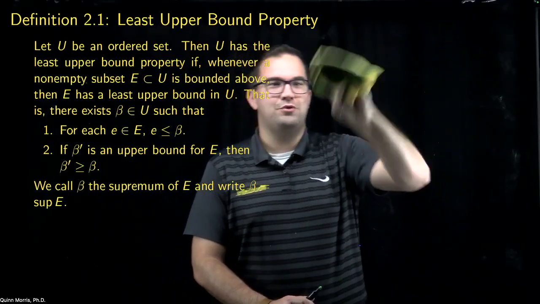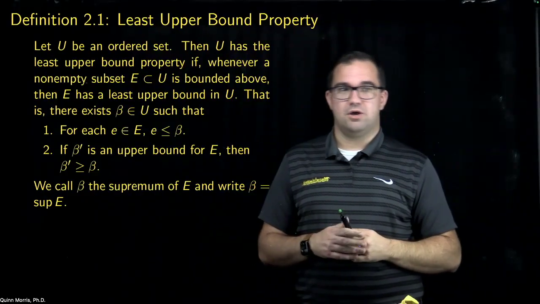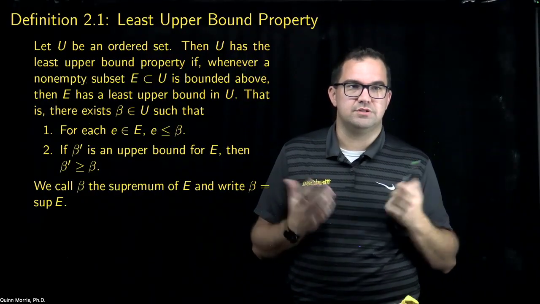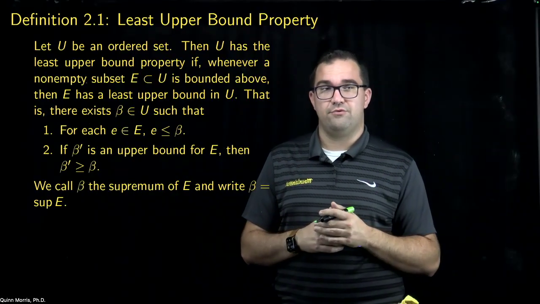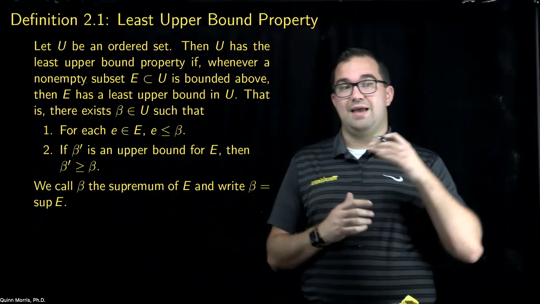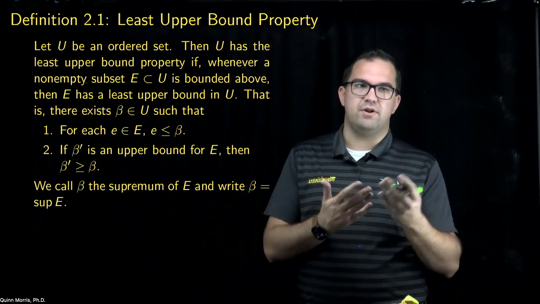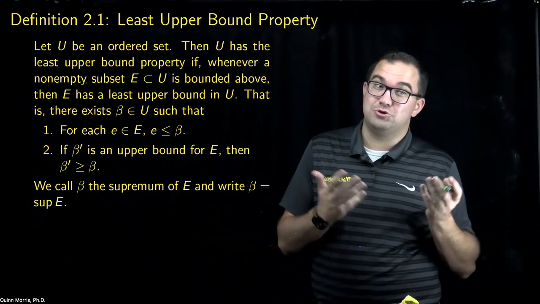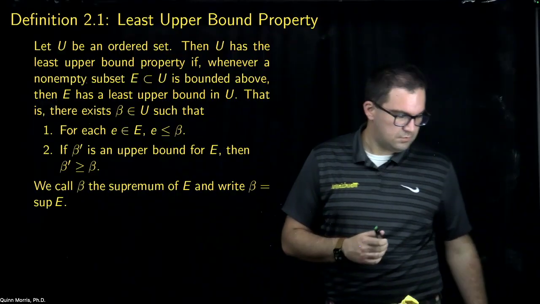Of course, if the only sets you have are the rational numbers, you can't just go, oh, it's square root of 2, because square root of 2 is not a rational number. So in actually proving this, you have to work a little more carefully to show that you cannot possibly have a least upper bound. But fundamentally, the idea is that the least upper bound should be square root of 2, but that's not a rational number.